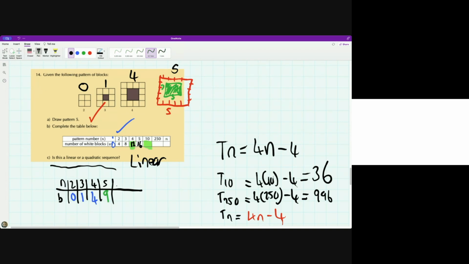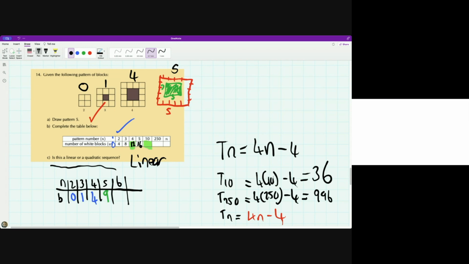Now, what if I had a 6 there? How many black blocks would there be in pattern number 6? Can you notice anything about the numbers that are black blocks?